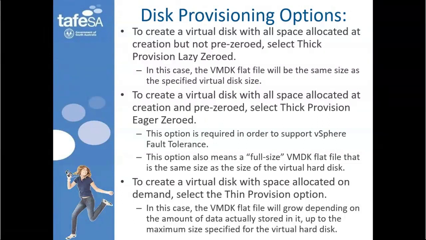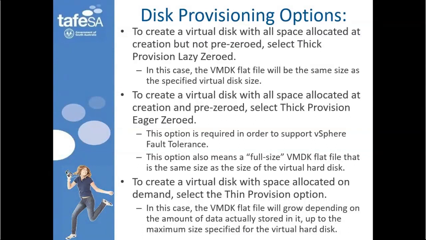If I create a 60 gig virtual hard disk, the file will be 60 gigs straight away, even if there's zero data on it. That's what fixed provisioning is. That's like our version of allocating disk space straight away. If you want to create a virtual disk with all the space allocated, but all the bits zeroed, that's called fixed provisioning, eager zeroed. So why do we want a lazy zero or eager zero?